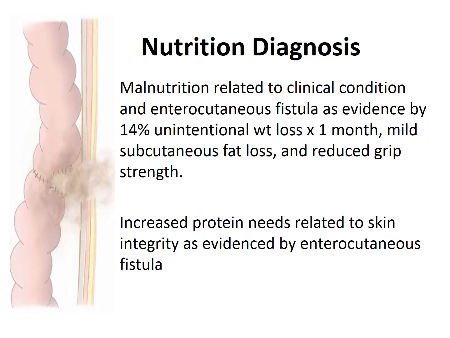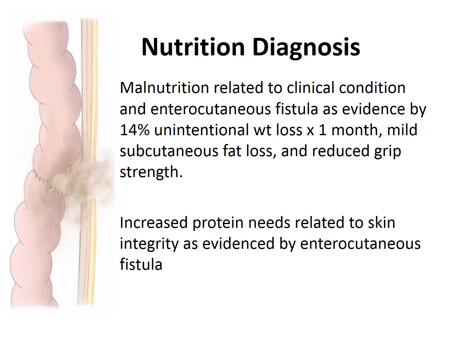So it was going from the 160 to the 137 pounds, in approximately 1 month. The mild subcutaneous fat loss was also an indication for that malnutrition, noting that fat loss in the eye region, in the temporal region, and in the cheek area.